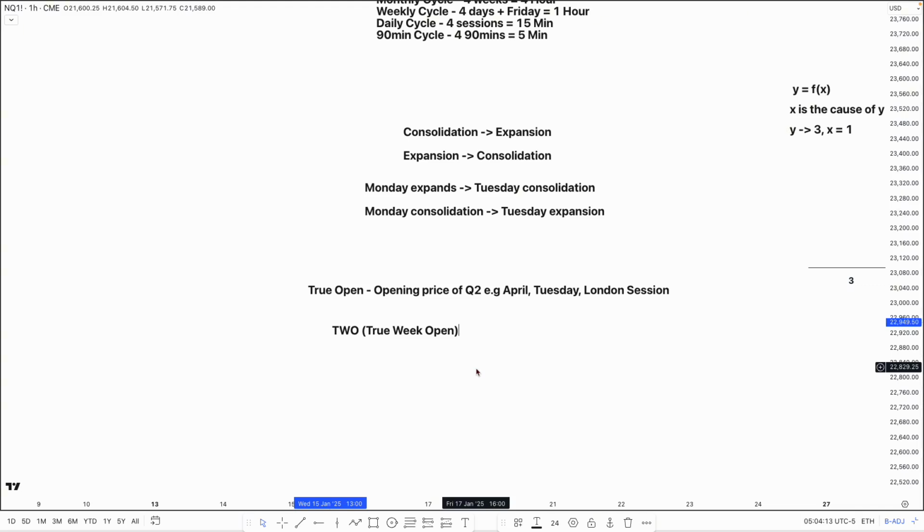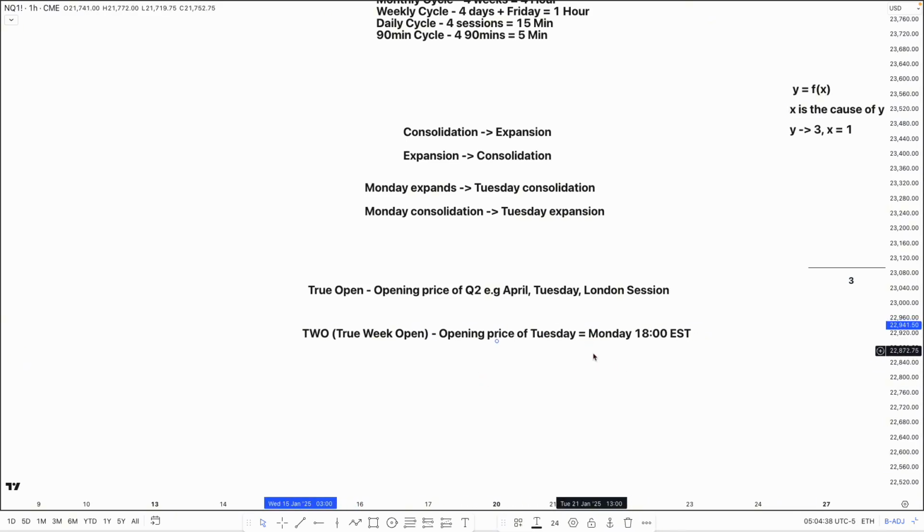So what I mean by this is that price will not necessarily go lower when above the true day open or true session open. Instead, we'll be focusing on the true week open, which is the opening price of Tuesday, which in other words is 6 p.m. EST on Monday, not Tuesday.